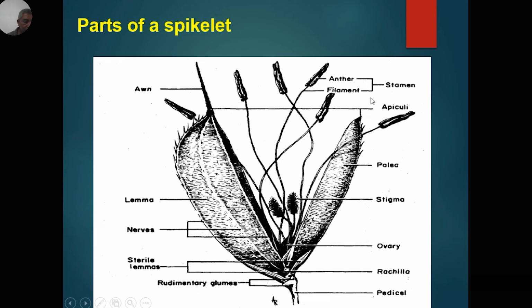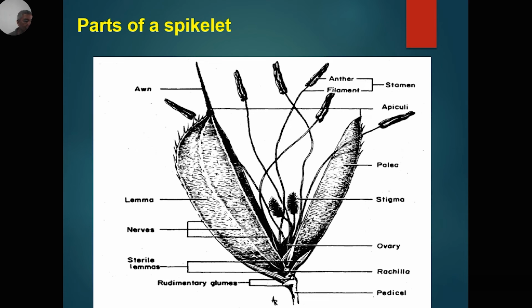So the male flower consists of the anther and the filament.